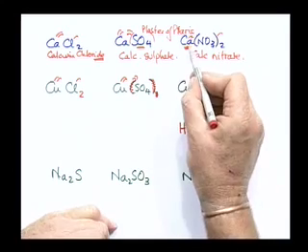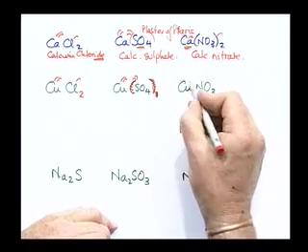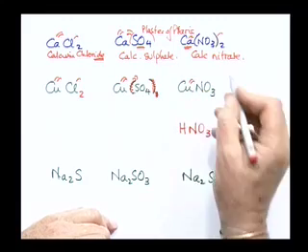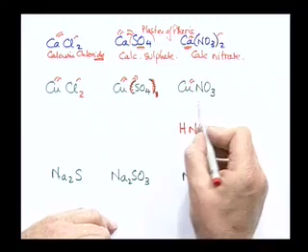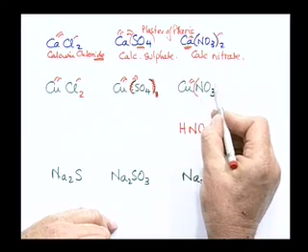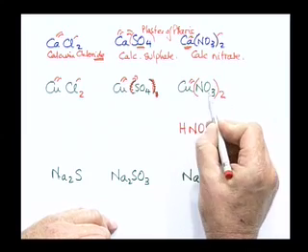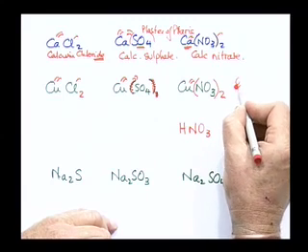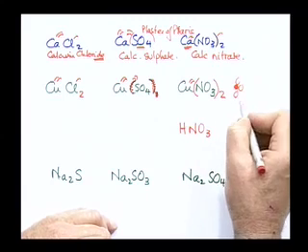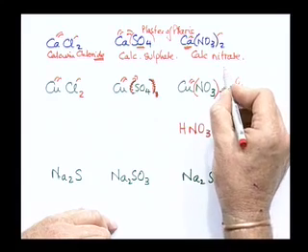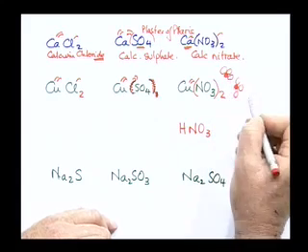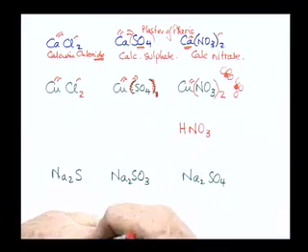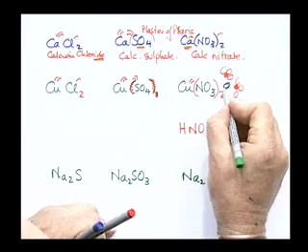Now, calcium has two hooks. Copper has two hooks. Nitrate has one hook. This can't be right. There must be two of them. It means that I've got a nitrogen and 3 oxygens, and I need another nitrogen and 3 oxygens to satisfy one copper, which I'll put there.